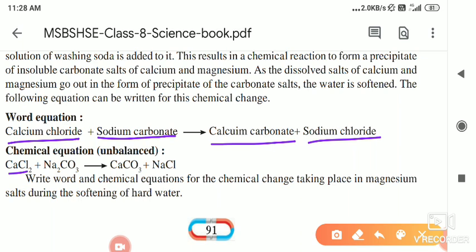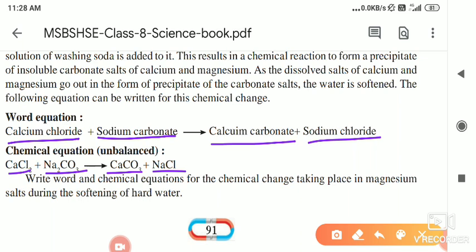So here calcium chloride reacts with sodium carbonate, that is Na2CO3, and it forms calcium carbonate, that is CaCO3, and sodium chloride. These are formed in this process, and the water becomes soft because of this, and then by using soap we can clean our clothes.